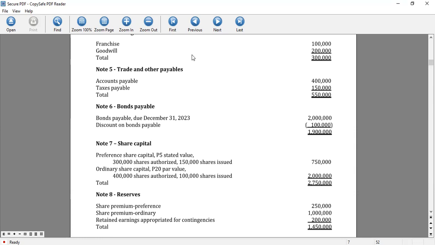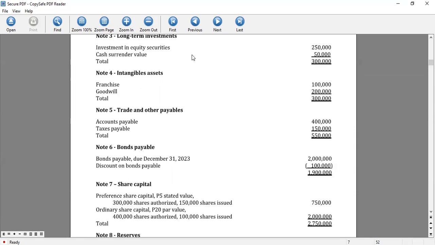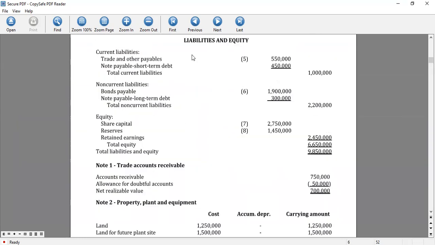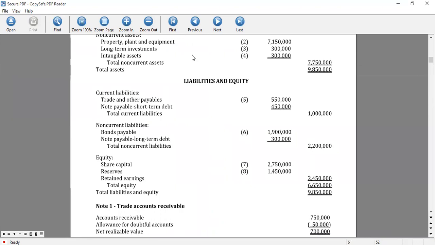We have only your equity of 6,450,000. That's the amount given. However, here we have your share capital, then reserves, and we have the total of 6,650,000. 6,650,000 minus 4,200,000.